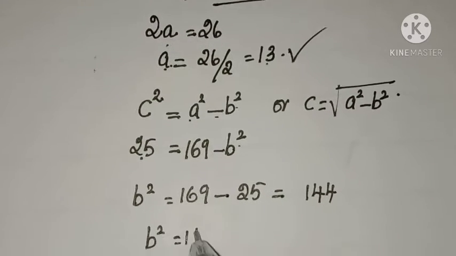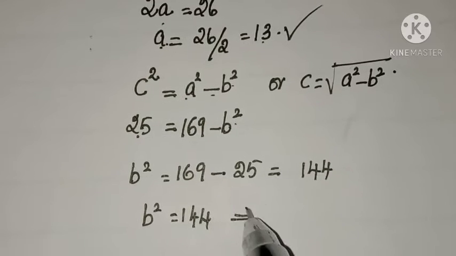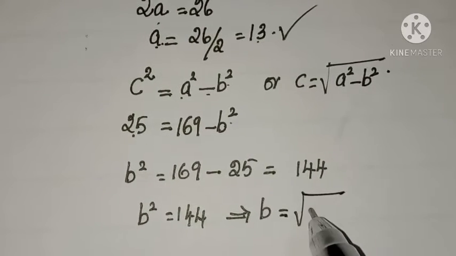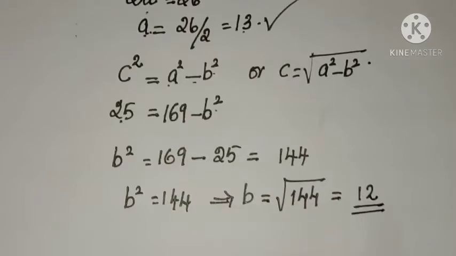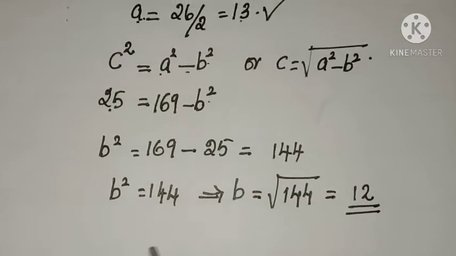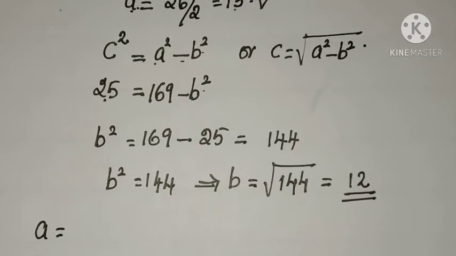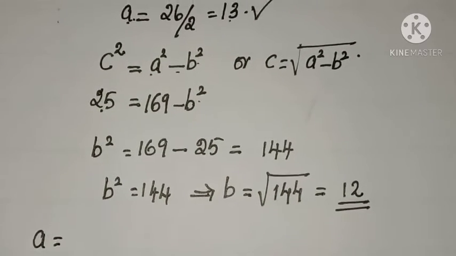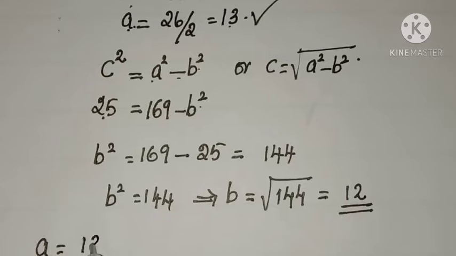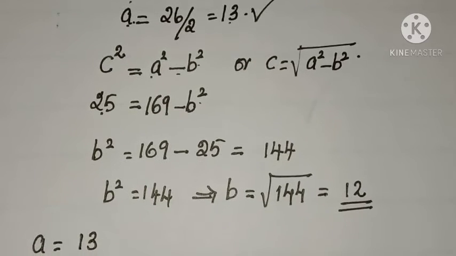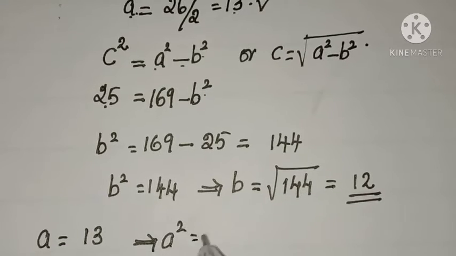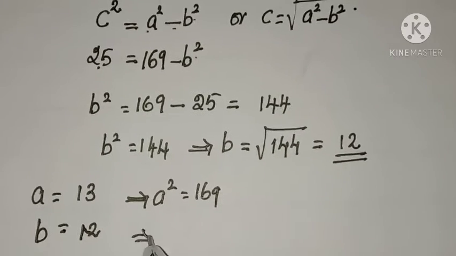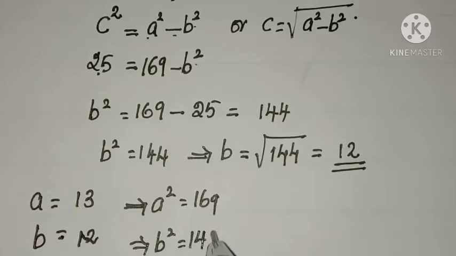If b square equal to 144, then what is b? b is equal to root of 144. So it is equal to 12. Okay. So we have a and b. a is equal to 13. b is equal to 12. Or a square equal to 169. b square equal to 144.